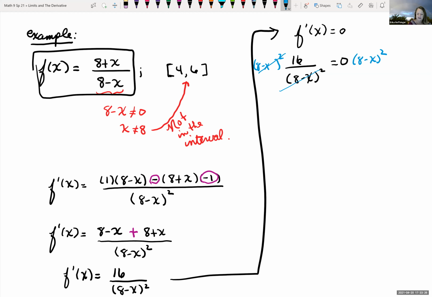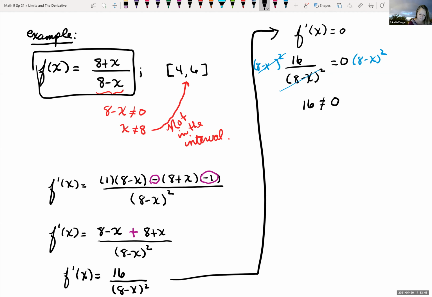And that would give me 16 is equal to, well, anything times 0 is 0. So whenever we're multiplying by that denominator to clear our fraction, it's always going to be our numerator equal to 0. Well, 16 can't equal 0. And so there's no number that sets our derivative equal to 0.